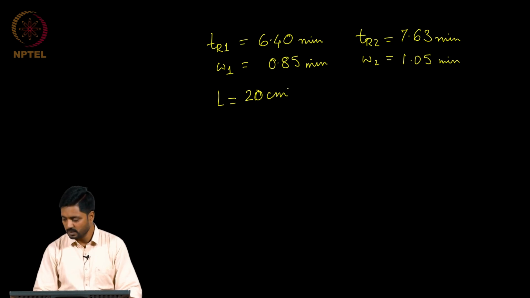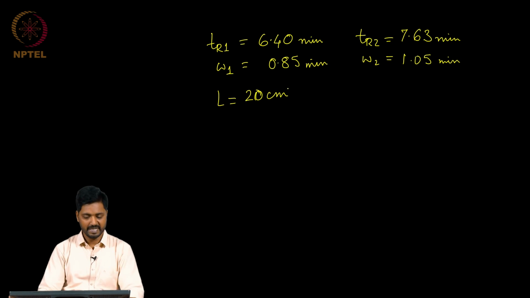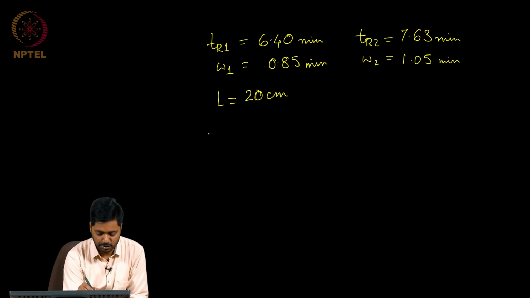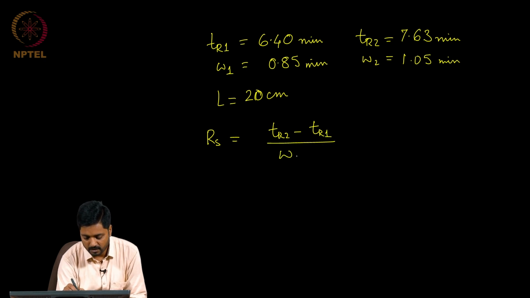So, based on this information, it should be possible for us to calculate the resolution RS, which is nothing but 2 times Tr2 minus Tr1 divided by W2 plus W1.